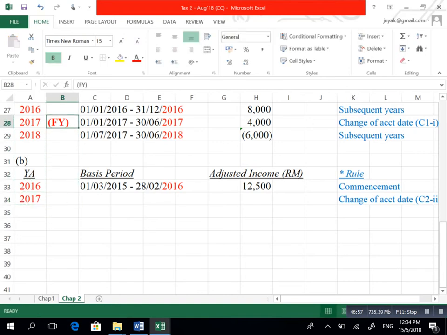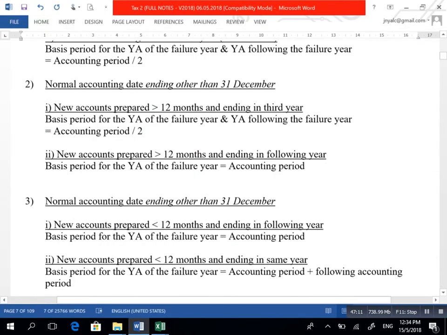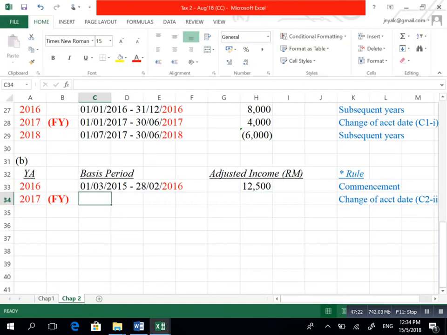Your basis period for the year of assessment of the filler year will follow the accounting period again. Alright? So just follow accordingly. 1st March 2016. Now you close until 30th June 2017. Now you will actually have 16 months of accounts here, right?